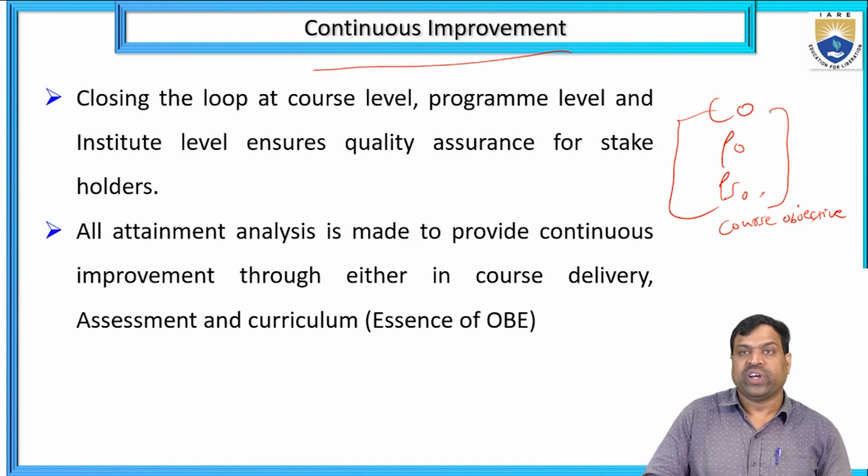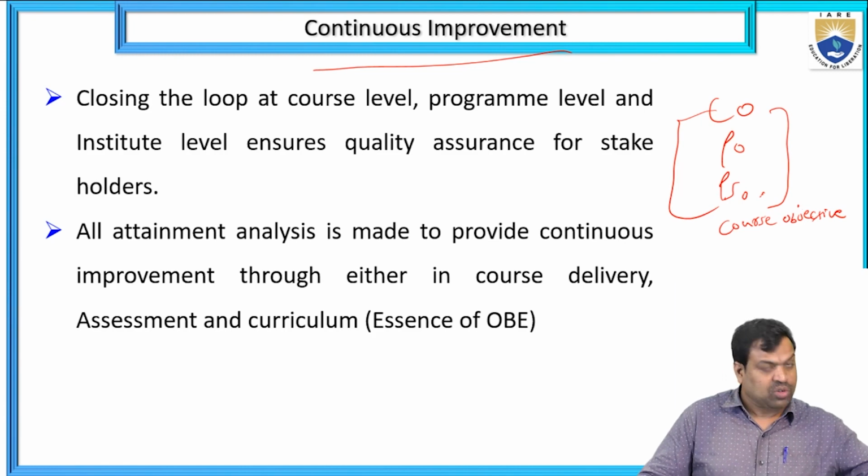Finally, how much continuous improvement is there in that particular course? That is a loop of the course level, program and institution level that ensures the quality assurance for stakeholders. All attainment analysis is made to provide continuous improvement through either course delivery, assessment and curriculum.